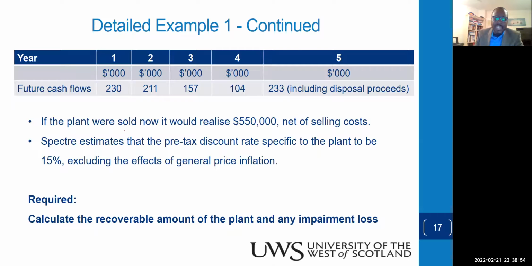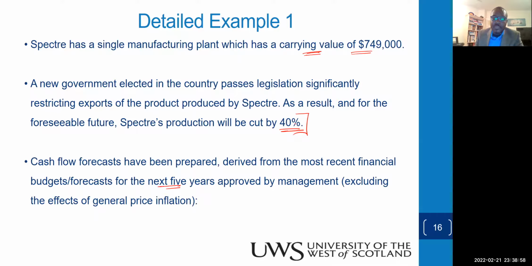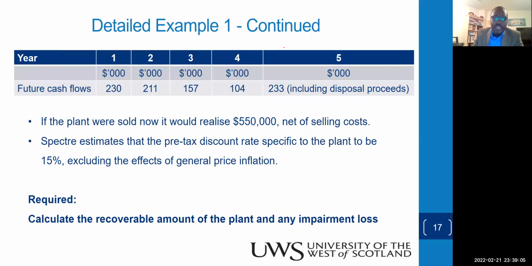So these are the cash flows. Let's take it one step at a time. We have the carrying value, the carrying amount. We need to compare it to the recoverable amount. Over here, cash flows for year 1, year 2, year 3 are given. And the final one includes disposal proceeds. Everything has been included.